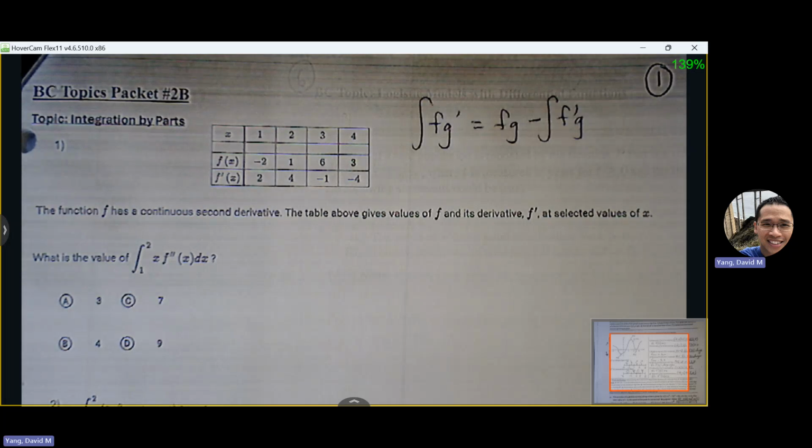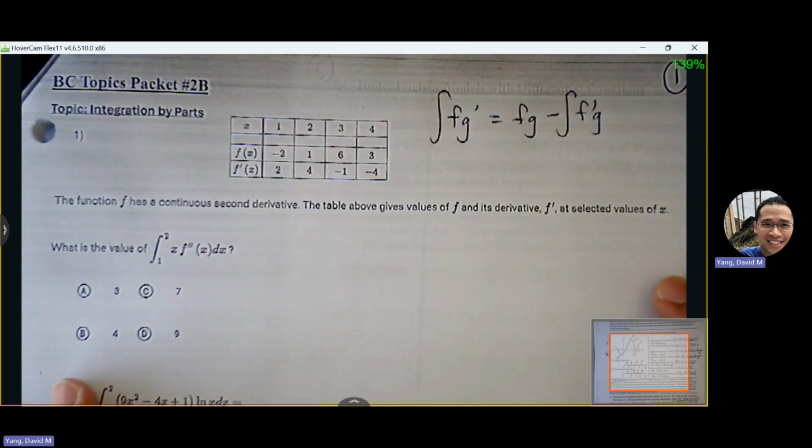There's also another method, which is using the tab method. And tab method allows us to work through these problems when you have these nested integration by parts. But typically, those are going to be a better fit if there's no natural log involved, or if it's like x squared e to the x, or x squared sine of x. Those are going to be the best fits.